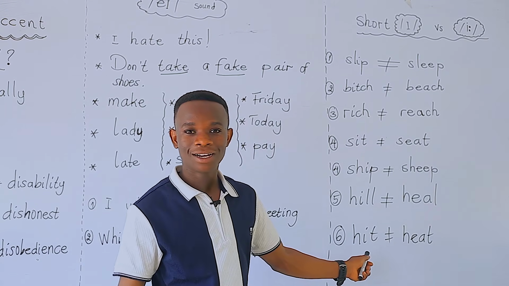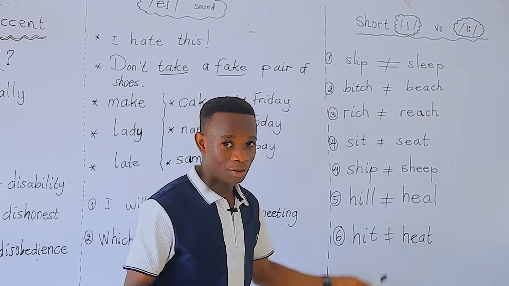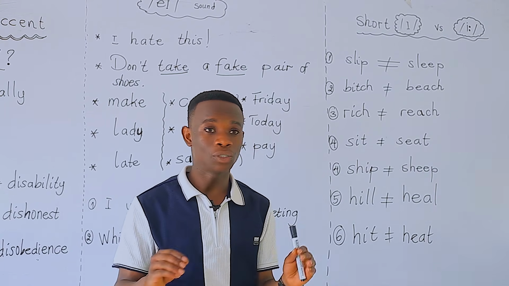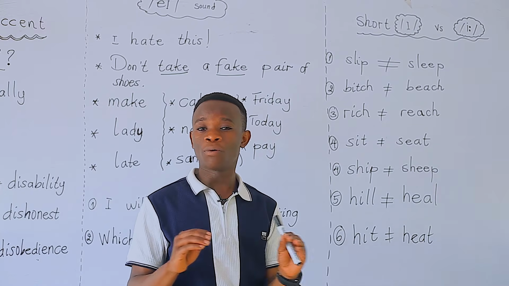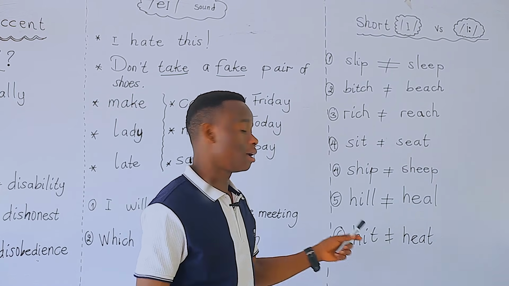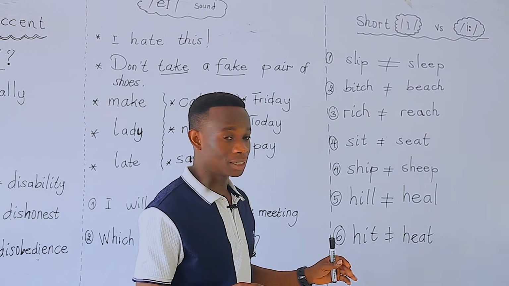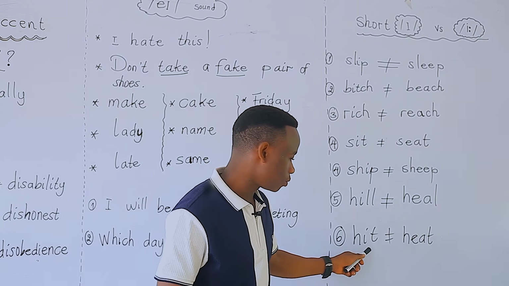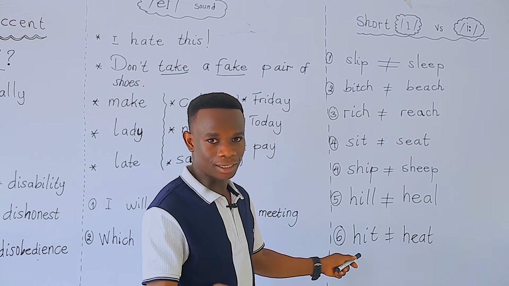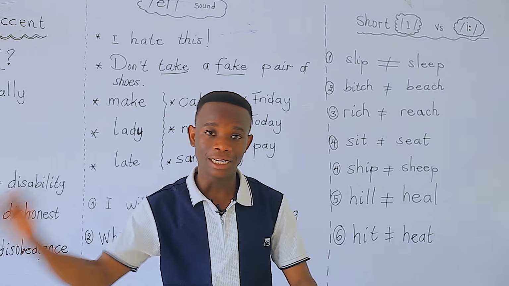The last one, which I recommend also taking time to repeat. You can pause the video and try to practice. Maybe people think this is not different, but you still have to take your time, and you can pause the video and continue again after having practiced. The last word in this category is hit and heat. You hit something or you hit someone.